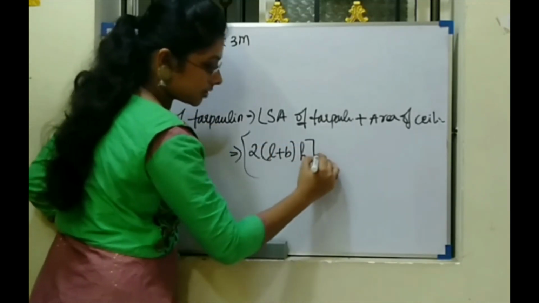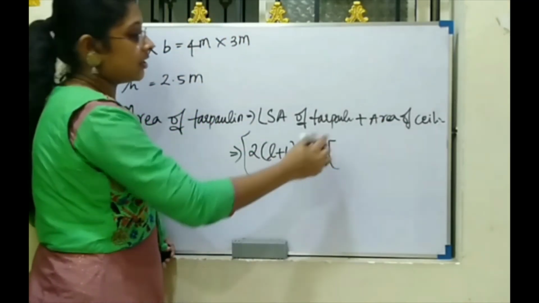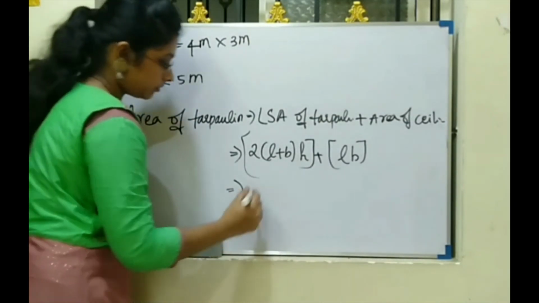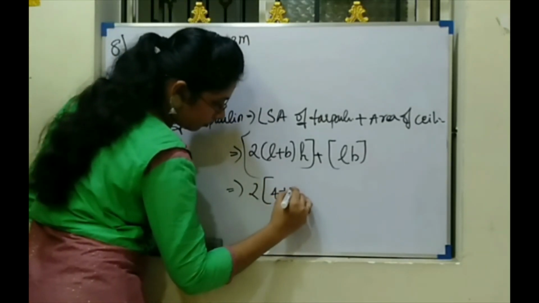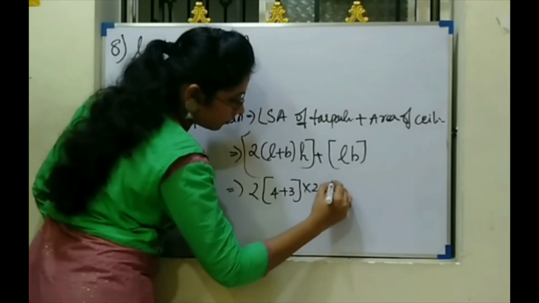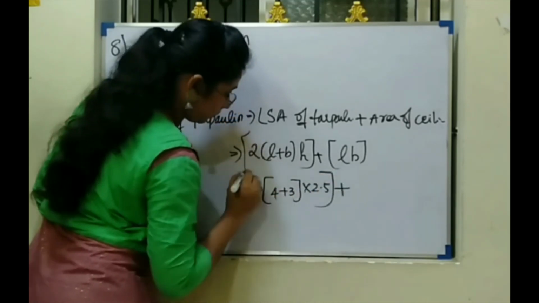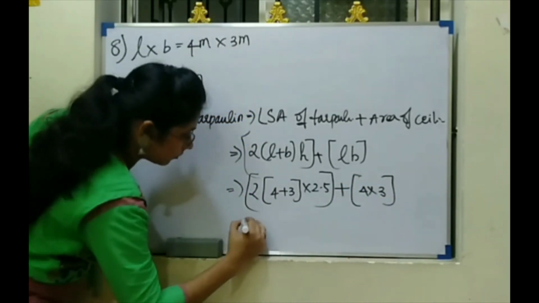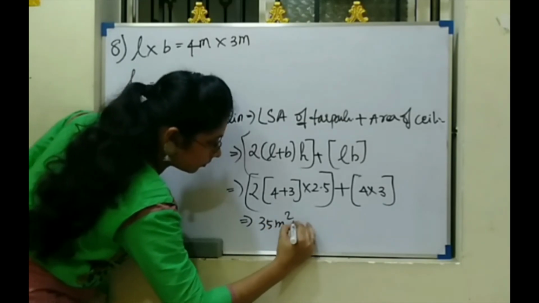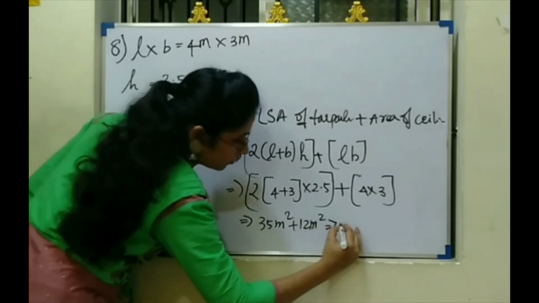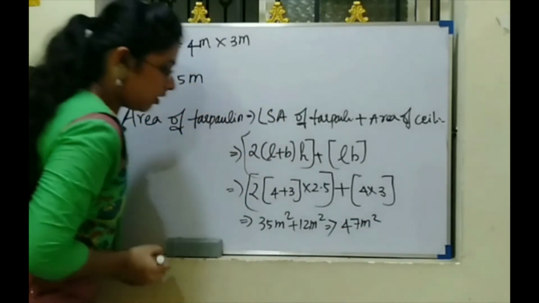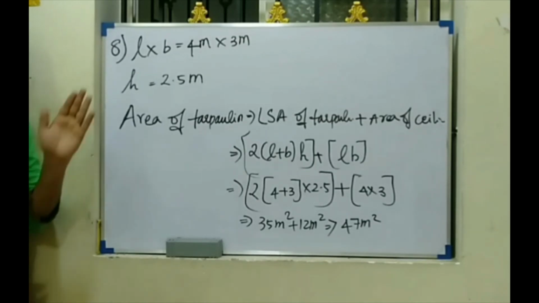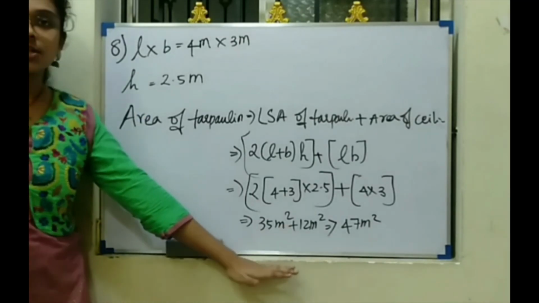Now plus area of the ceiling is equal to length into breadth. Now we have to substitute the values here. Therefore, the area of tarpaulin required is equal to 47 meters square.